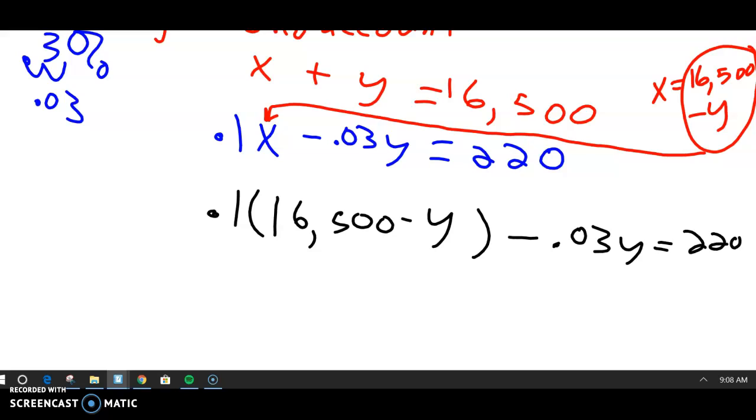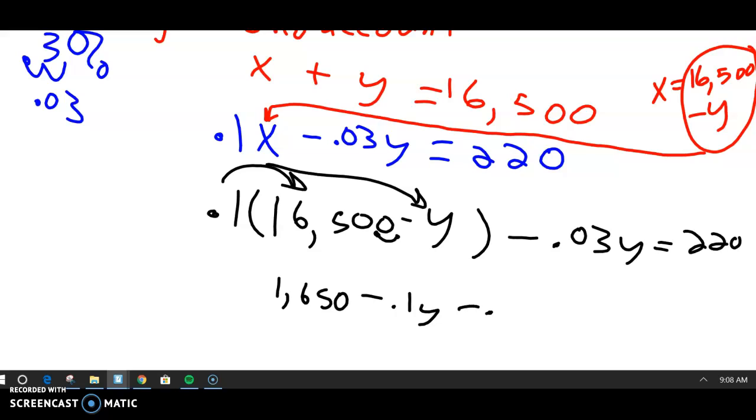All right, as we multiply by 1/10, you would think that would be hard, but honestly, when I multiply by 1/10, I'm just taking the decimal and moving it over 1 spot. So this is 1,650 minus 0.1Y, minus 0.03Y equal to 220.